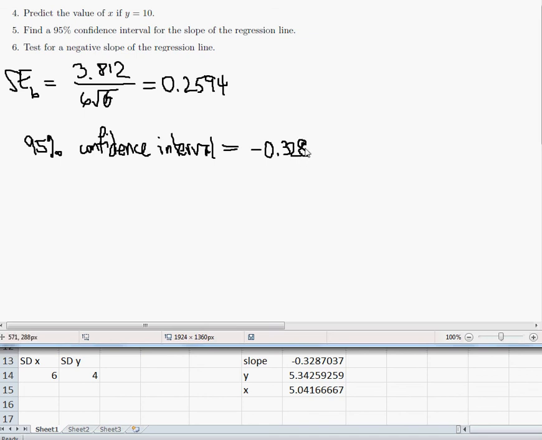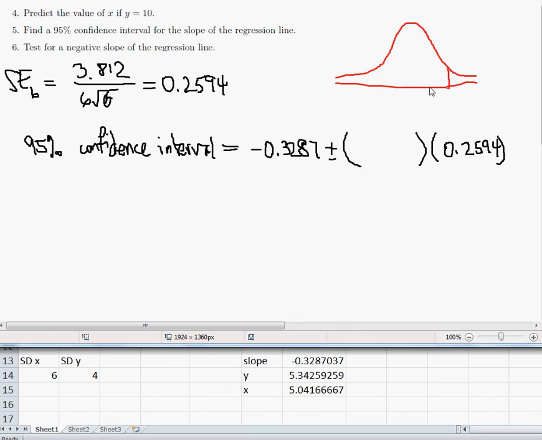That was our estimated slope, plus or minus basically a margin of error. Now the standard error we just got is 0.2594. And this number is going to come off the t distribution. So I have the t distribution, and I need 95% of the area to lie in the middle.